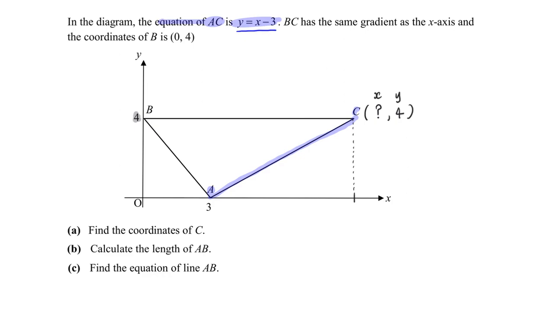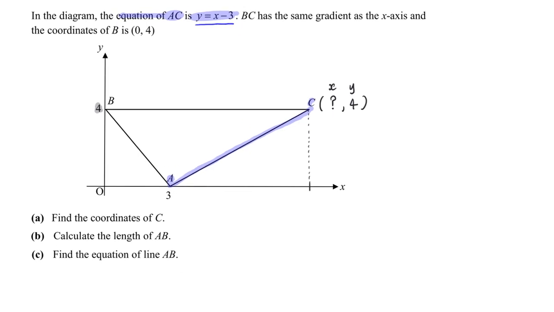So to find part A, I could simply substitute y equals 4 into this equation. So my y, I'm not going to write as y anymore, I'm going to write as 4.